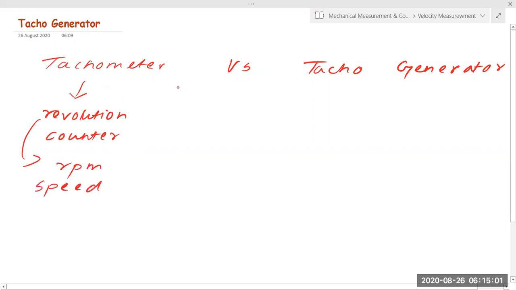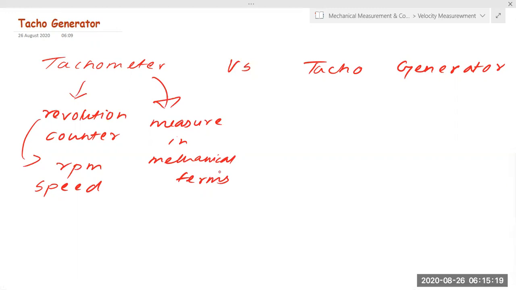And meter is a basic word that is used to measure something, in mechanical terms. So whenever we consider anything to be a mechanical means to measure the speed of the shaft, then it is called a tachometer.